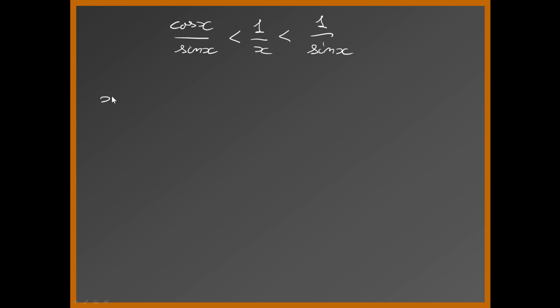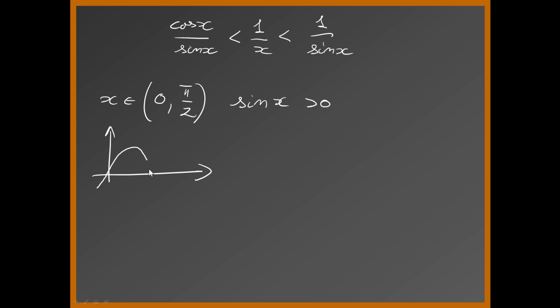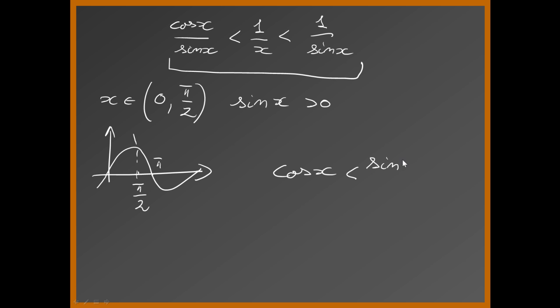Since when x belongs to the interval 0 pi over 2, the sine of x is always positive, as you may remember, then we can multiply these inequalities by sine x, obtaining cosine x less than sine x over x less than 1.